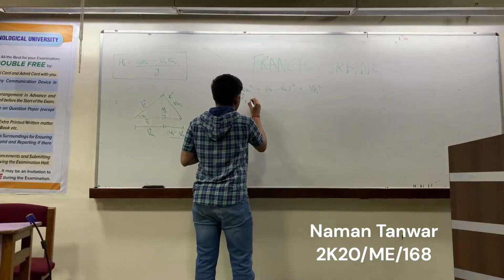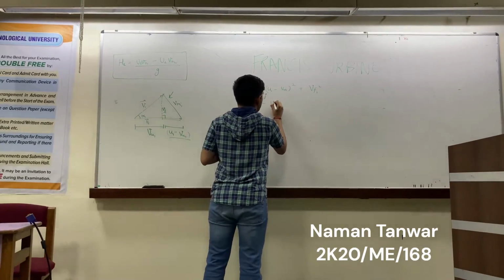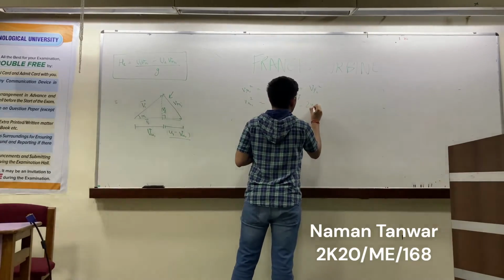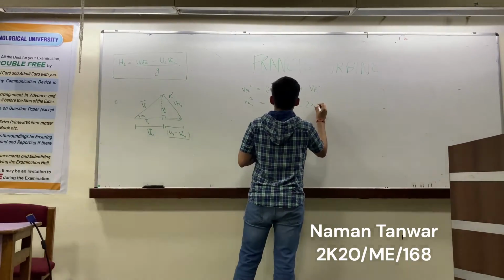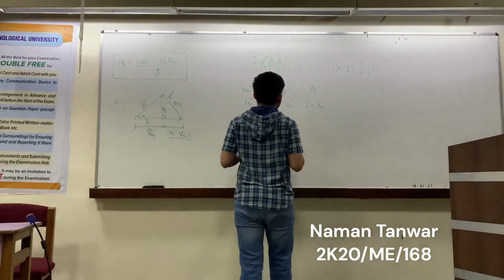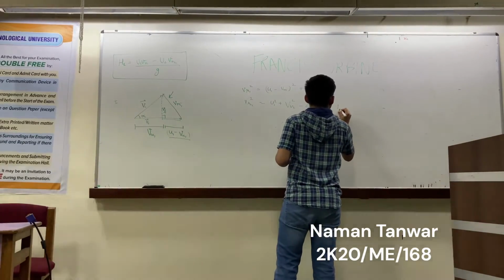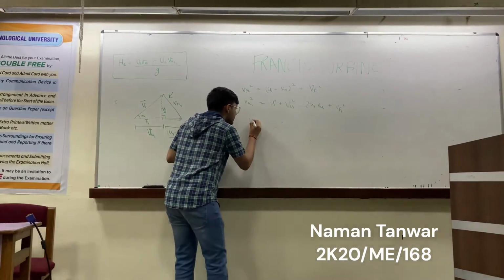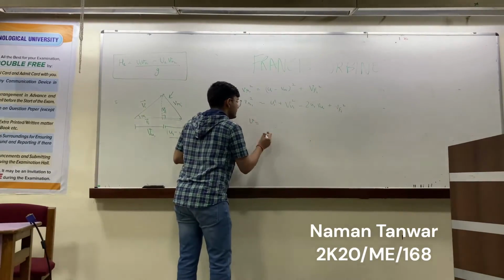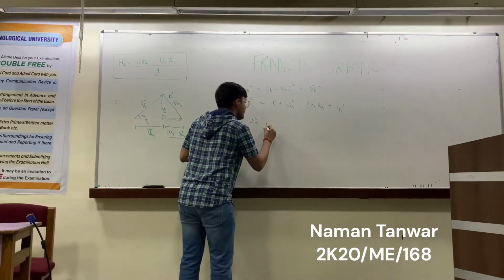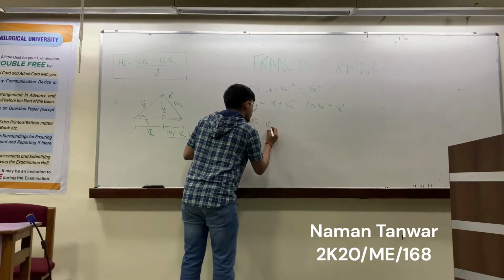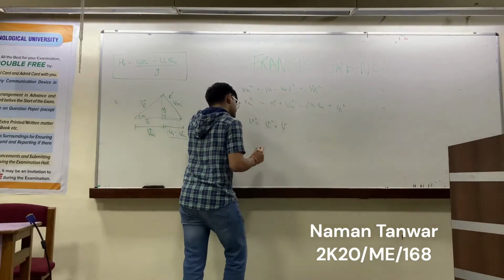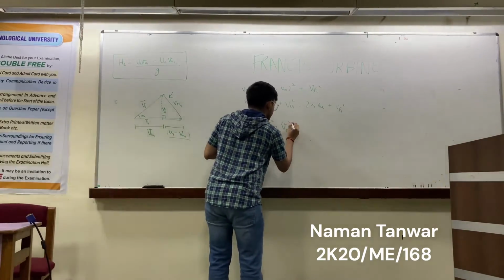Let's open this bracket: U1 square plus V U1 square minus 2 U1 V U1 plus Vf1 square. Now the velocity V is made up of the swirl component V U plus the radial component Vf.